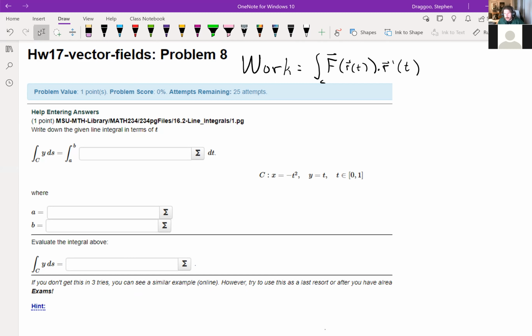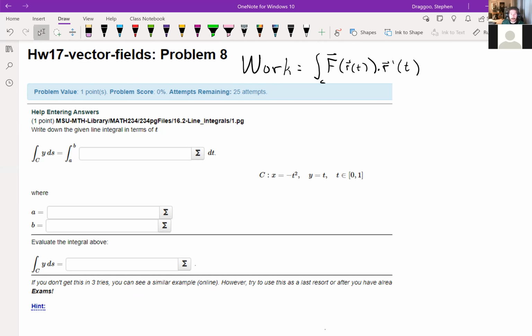So the integral of f dot dr is work. And I think that'll be important if we look at similar problems to this one. We're often able to say, find the work given a couple of things, and then you'll have to do the rest of just knowing we need f dot dr.